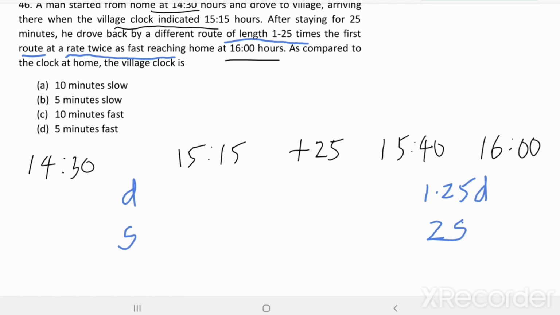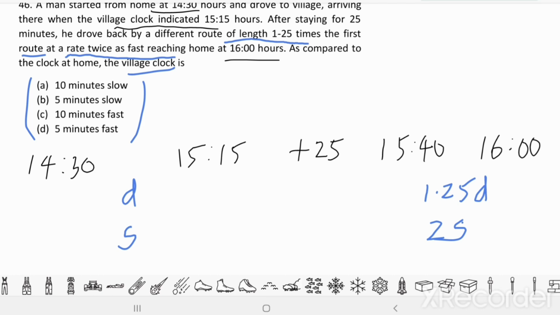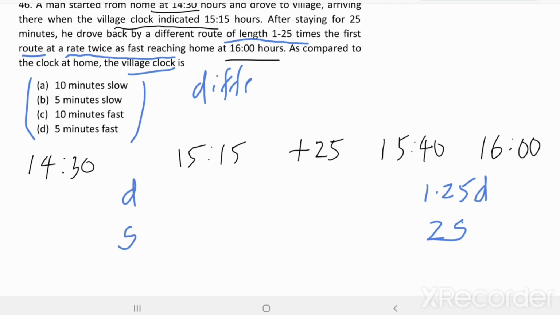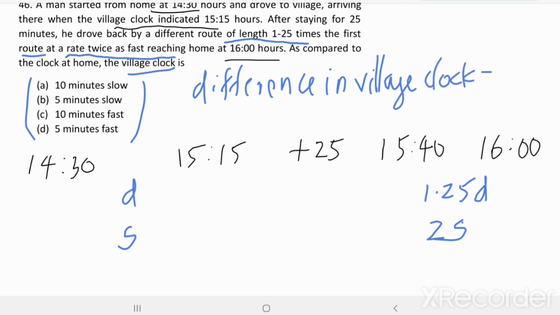Then there is some difference in the village clock. That is what we have to find. Let us take an x minute difference in the village clock. That means it may be either way, either moving slow or moving fast.